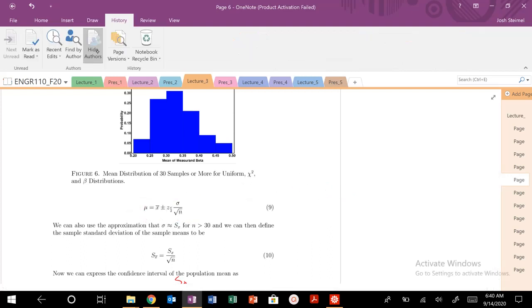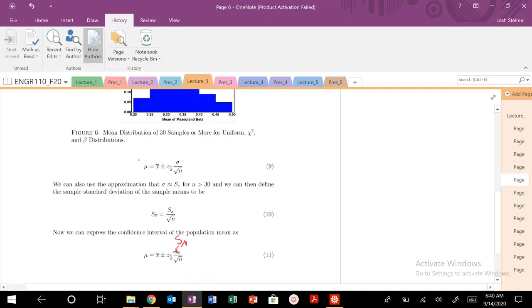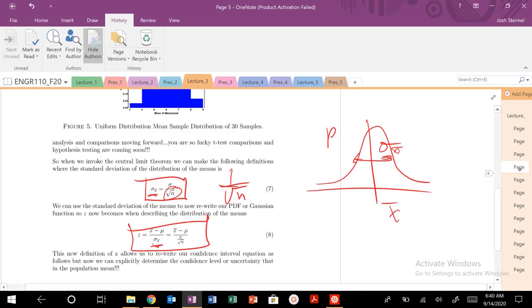Now we can write an expression for where the true population mean will fall within these bounds: x bar plus or minus z c over 2 sigma over square root of n. But remember, we've previously used an approximation for s sub x. Now it's not s sub x, it is our sample standard deviation, but now it's the sample standard deviation of our mean, s sub x bar.